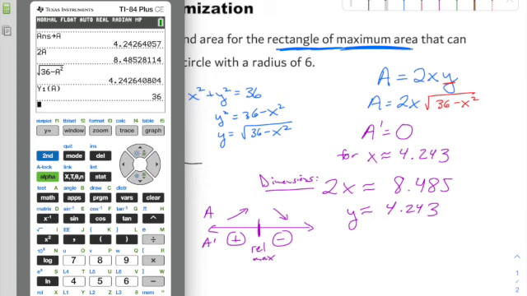But notice the area I get, so the area of 4.243, that's when x was the optimal value, gives you 36. And even notice though, even though I wrote this 3 decimal rounded value, I actually on my calculator used the full decimal, so I got the most accurate answer of 36.